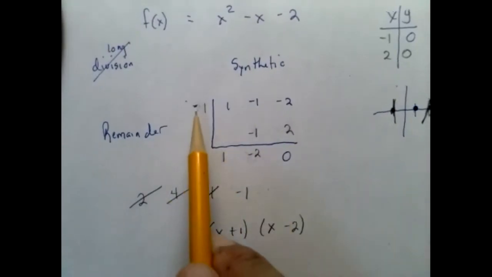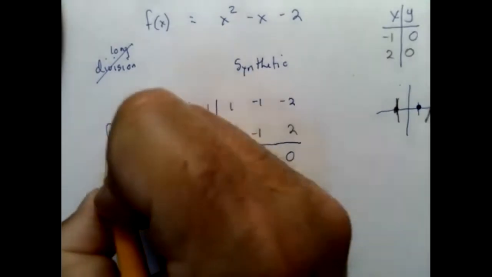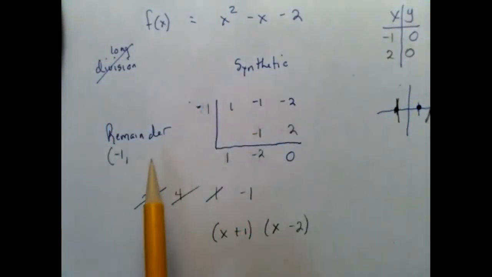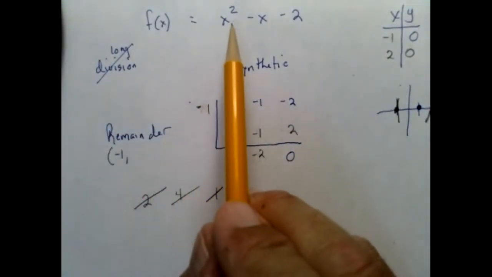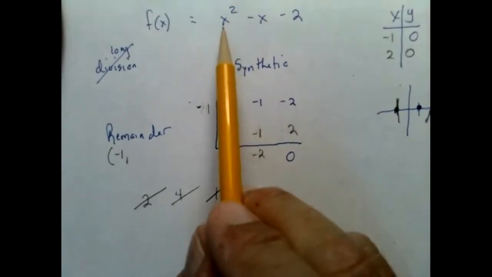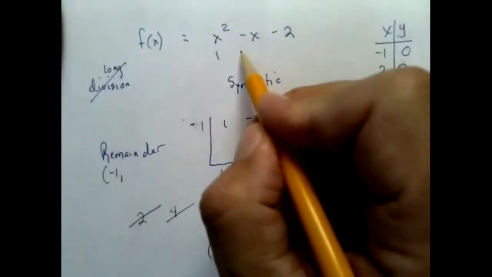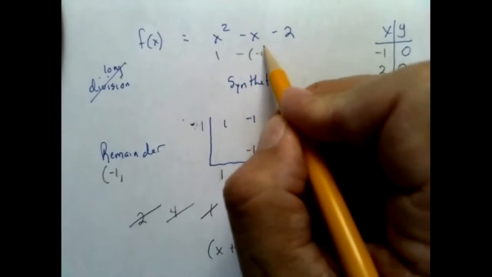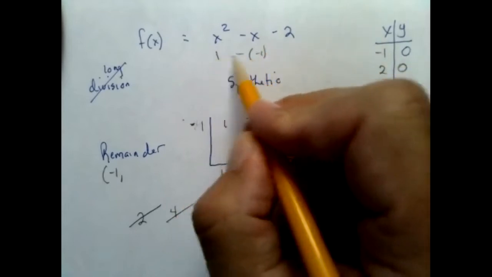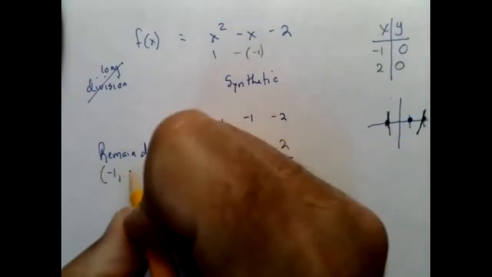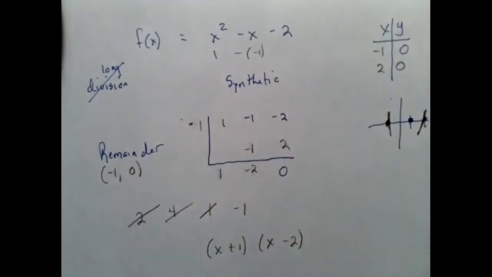Again, if I would have plugged -1 in for x, my remainder theorem should work the same way. -1 squared is 1, minus -1, that's a +1, 1's 2. My remainder says that point exists because my y value is the remainder. So that's all the stuff we did the other day.